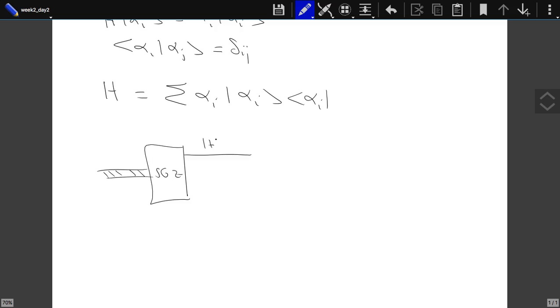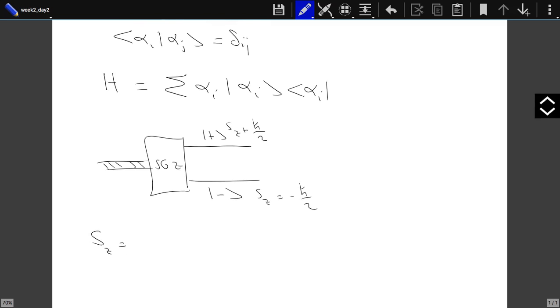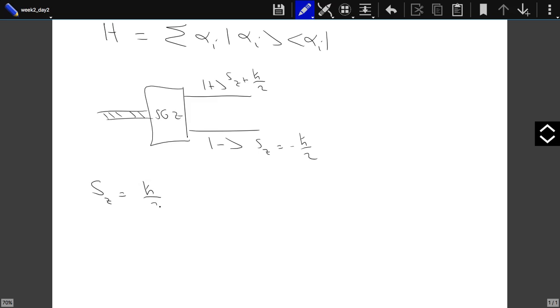One of them we call the plus, and the other one we call the minus, and they turn out to have the Z component of the spin plus ħ/2 and the Z component of spin minus ħ/2, so that the operator corresponding to Sz is simply ħ/2 |+><+| plus minus ħ/2 |-><-|.